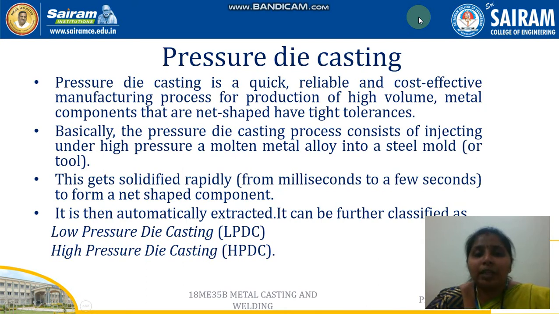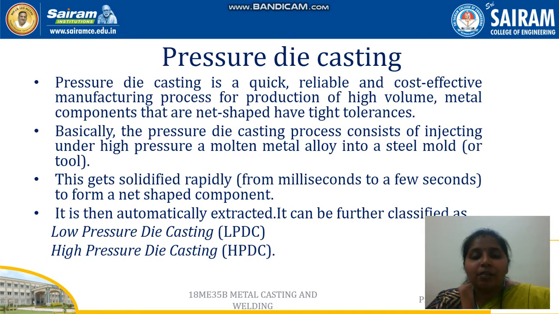Pressure die casting is a quick, reliable and cost-effective process for production of high volume metal components that are net shaped, having tight tolerances. Basically, pressure die casting consists of injecting under high pressure a molten metal alloy into a steel mold or a tool.